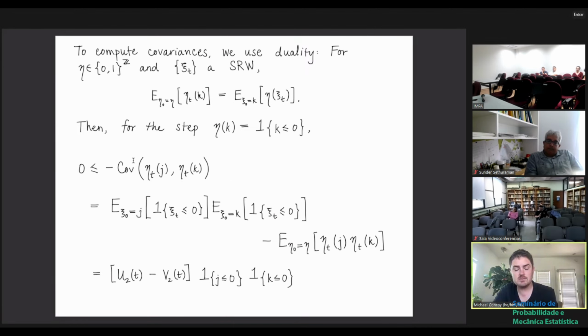And so what we do is we write the covariance, using this duality, in terms of expected values in terms of random walks and expected values of products of occupation variables in the exclusion system. And this is a difference of semigroups. U_2 is the semigroup for a pair of independent particles on Z, and V_2 is the semigroup for a pair of particles with exclusion interaction on Z applied to this function of j and k.